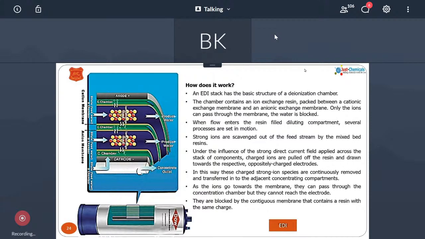And when these resins got exhausted, they had to be stopped, and then you have to do a lot of chemical handling, because cation resins are regenerated with 5% HCl, and anion resins are regenerated with 5% caustic, NaOH. And in the mixed bed, we have to separate out both the resins and do the regeneration either in situ, in that vessel, or we can take the anion resin in another vessel and the cation resin in another vessel and do the regeneration.